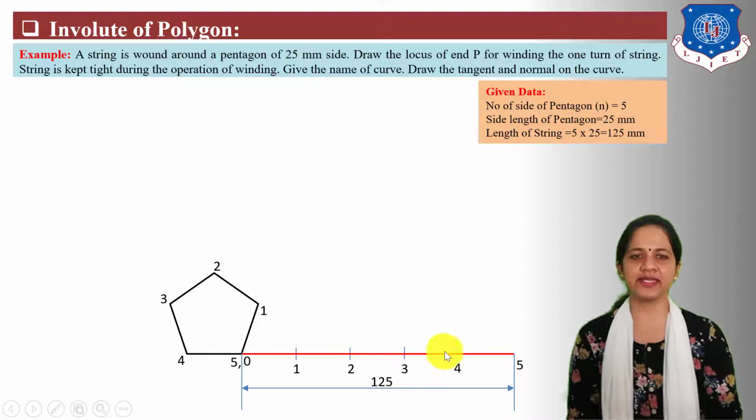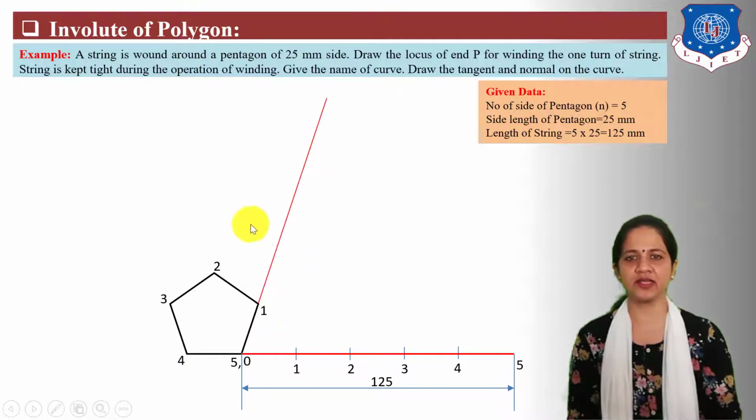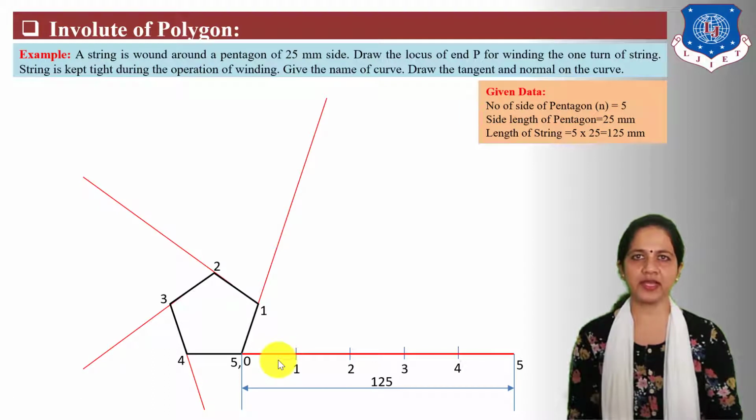Now here this string is wound around the pentagon. So first locate the tangent string from each and every position of the pentagon. Now here the involute curve is traced out by the end point of the string.